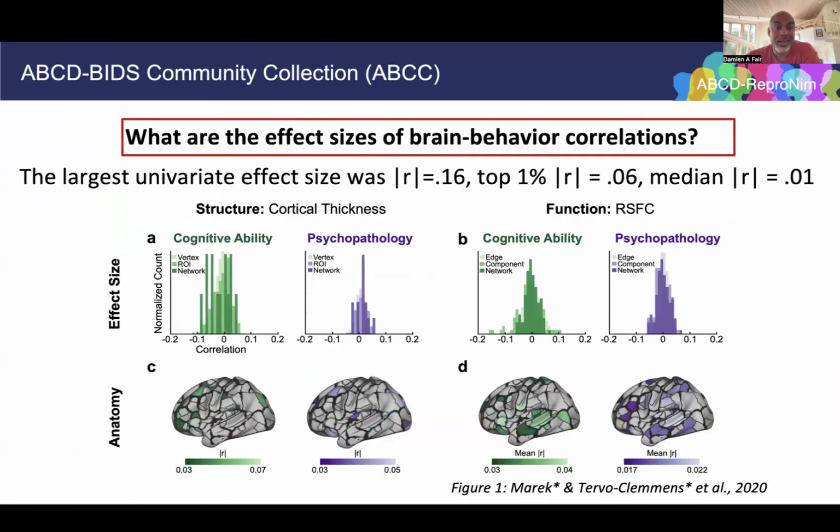This paper just highlighted, which a lot of people are familiar with now, the small effect sizes that we're actually dealing with in brain imaging studies, and the importance of large studies. If you're asking very basic questions about what the effect sizes of brain behavior correlations are, you realize that they're actually quite small and require extremely large sample sizes. And so folks are coming up with all types of creative ways now to leverage studies like ABCD to handle smaller samples, even with small effect sizes.